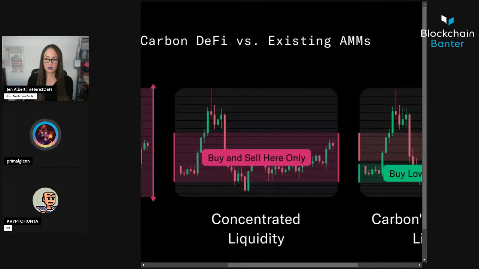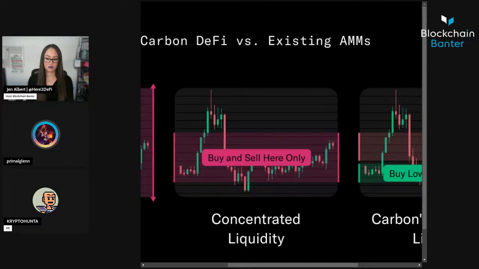So you're always going to essentially acquire the token that goes down in value in either concentrated liquidity or constant product liquidity. And it's the same thing in the opposite direction, right? If a token is going up in value, then that is the token that you're selling off, and you're always going to be acquiring the underperforming token.